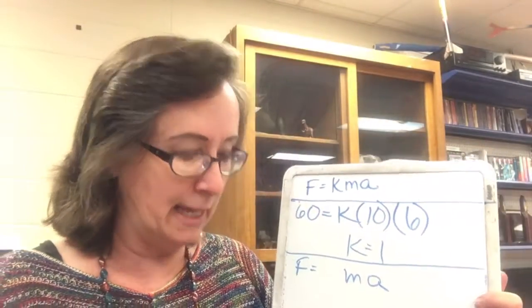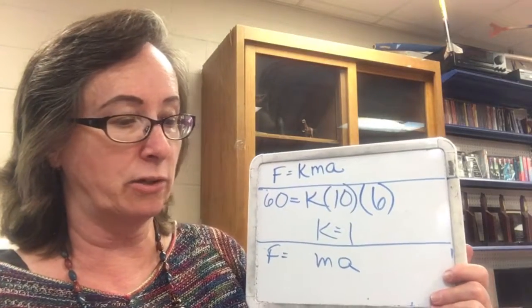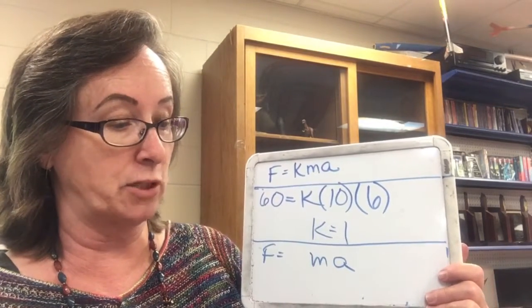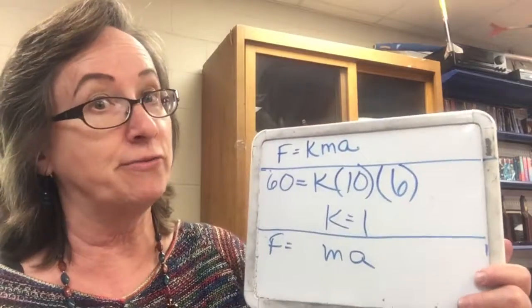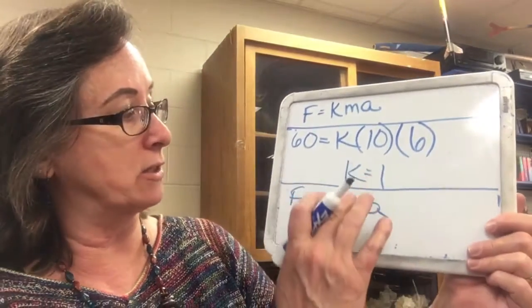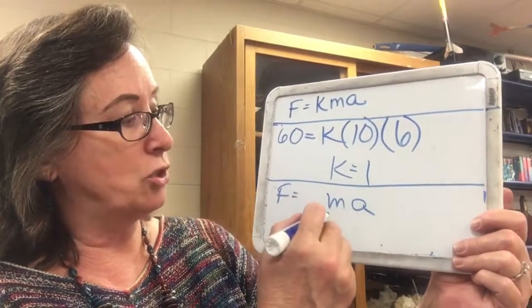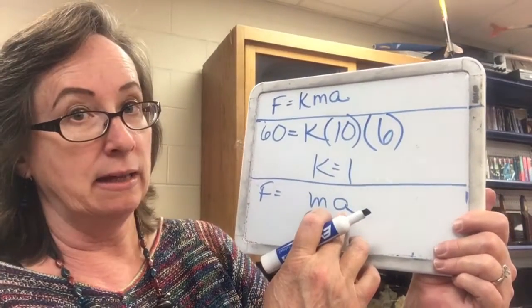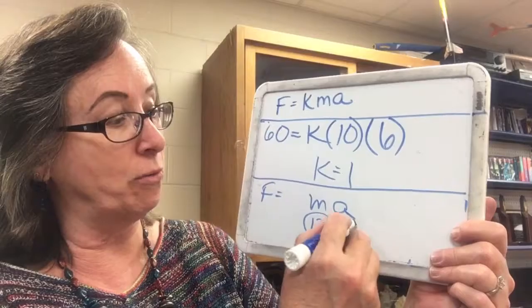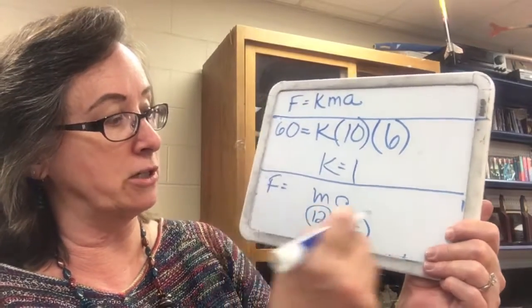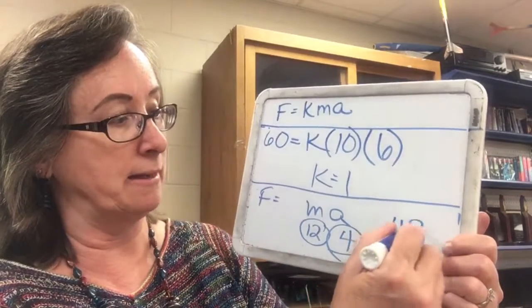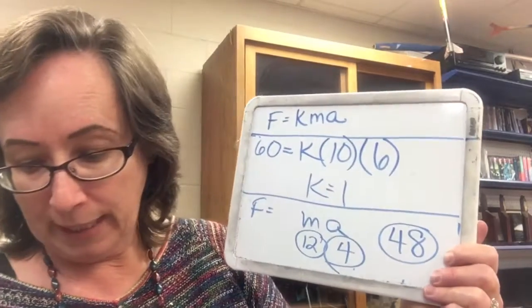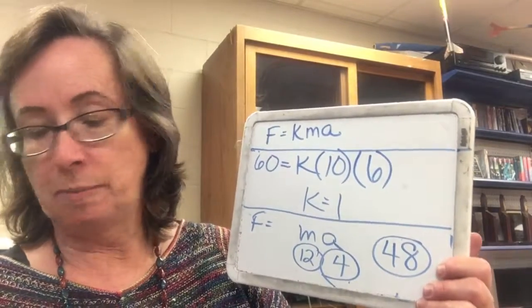It says, how much force is exerted on a 12 kilogram object with an acceleration of 4 meters per second squared? So the force on that one would be 48. 48 newtons should be the answer there.